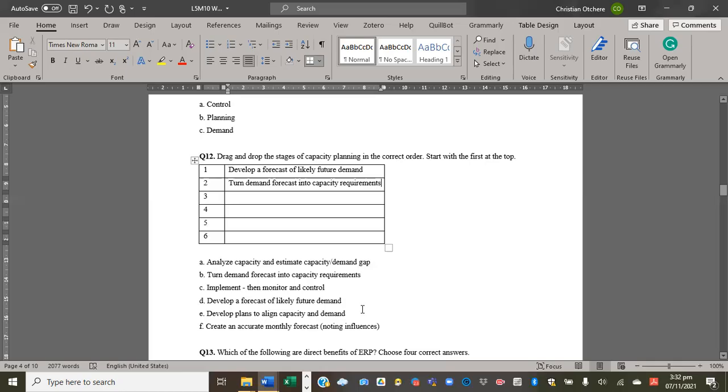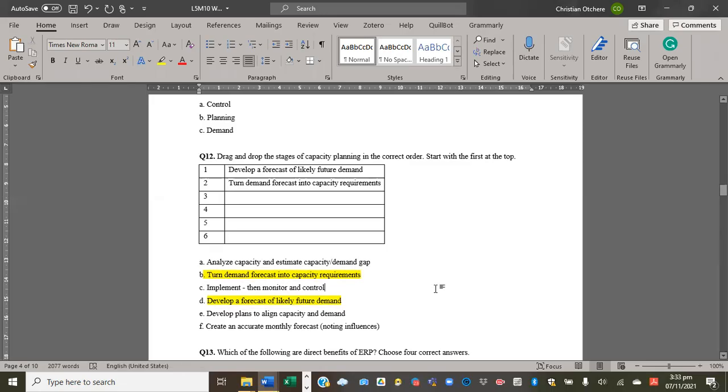Planning, develop plans to align capacity and demand. Okay. So analyze capacity. Which one did you just choose? After turning demand forecast into capacity requirements. So let me highlight those ones that we've chosen already. Yes, we've chosen these two.